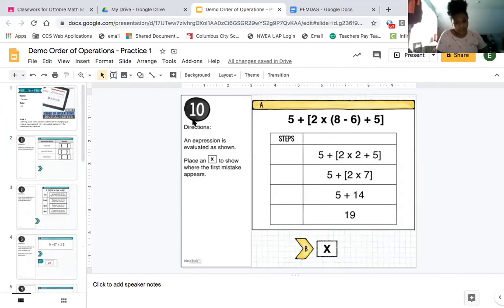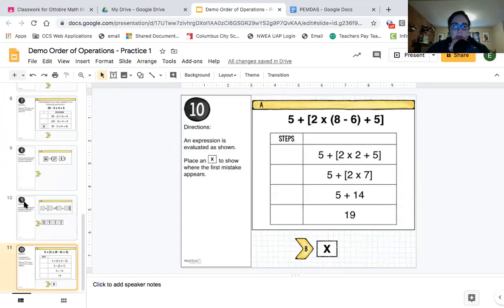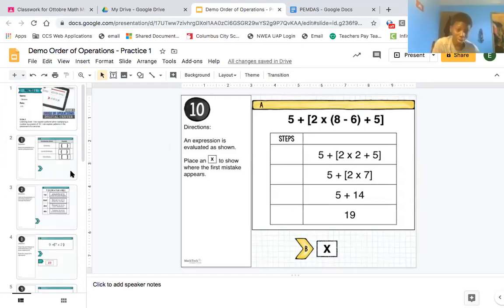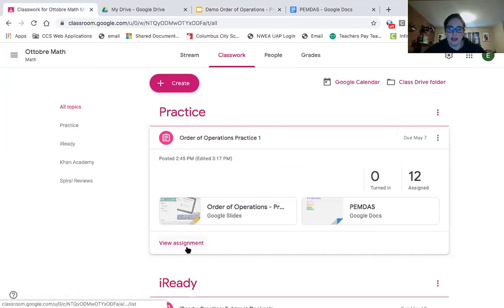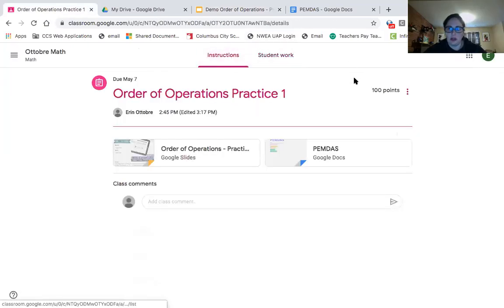Do you want the slide number or the question number? The question number. Okay, so I want you to do 1, 2, 9, and 10. For homework? Yeah. You're acting like that's hard, Khalifa. I'll put it in the instructions, so if you forget.